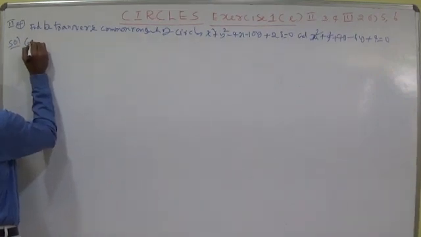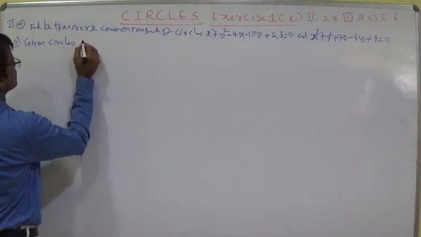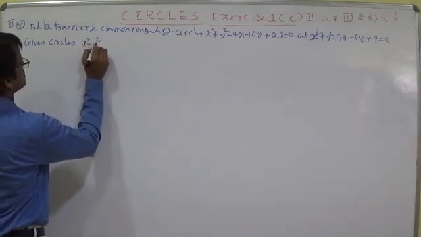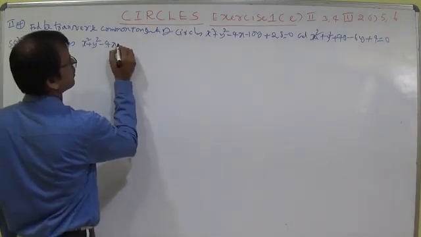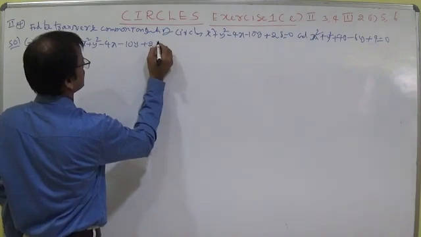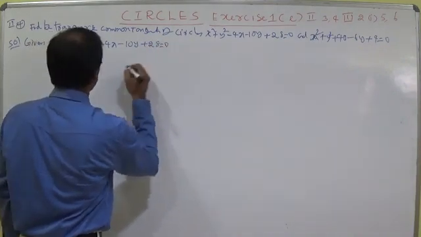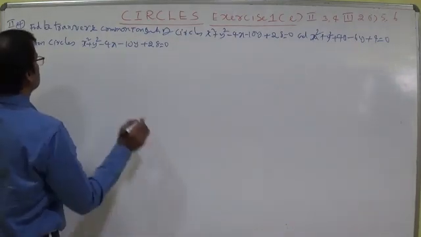Let us consider like this given circles. Given circle x square plus y square minus 4x minus 10y plus 28 equal to 0.